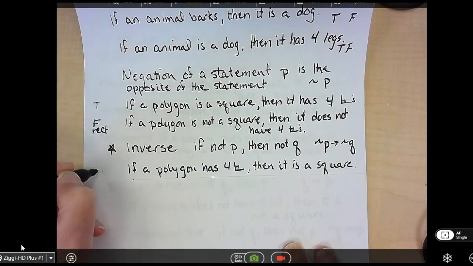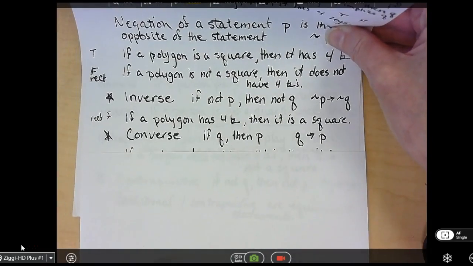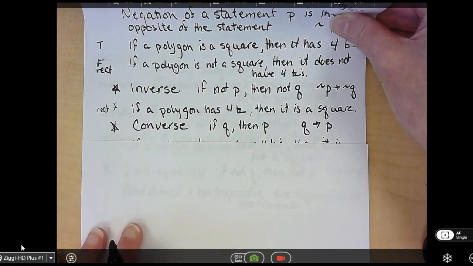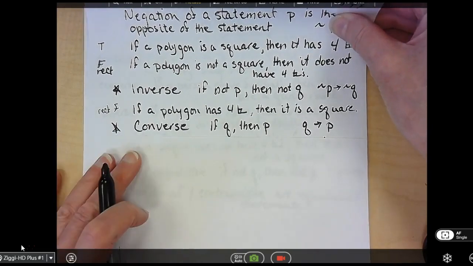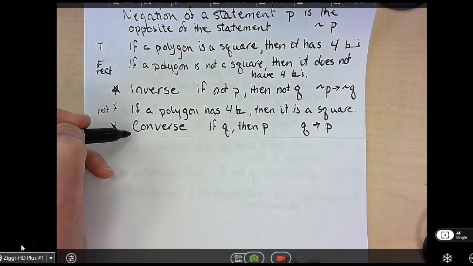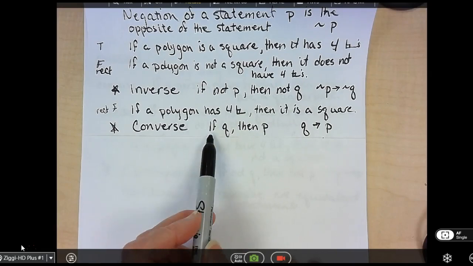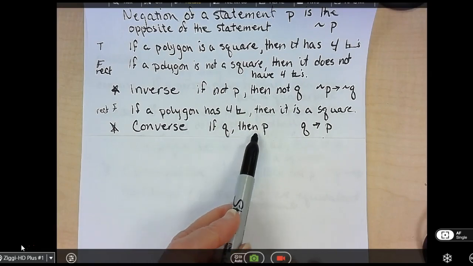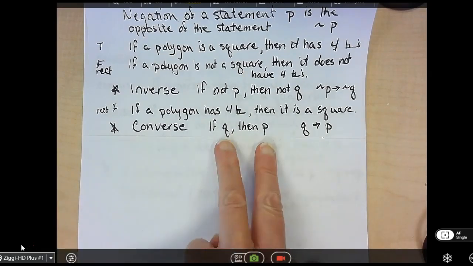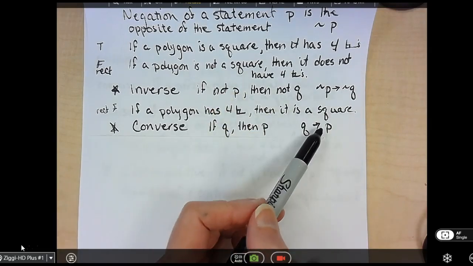A rectangle is my example, that would make it false. When we do this type of statement, it is called the converse. So instead of if P then Q, it switches it. If Q then P. Again, it takes it and flips it.